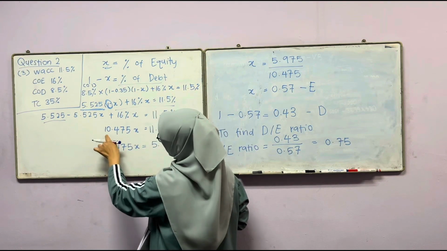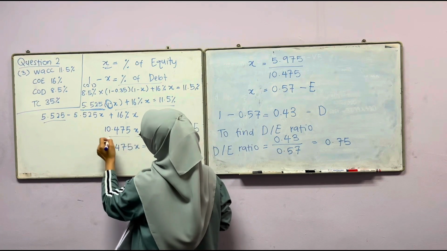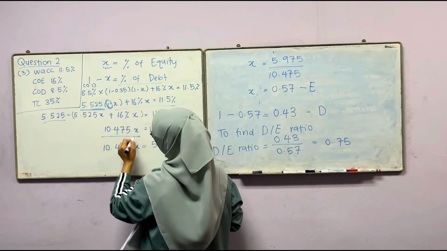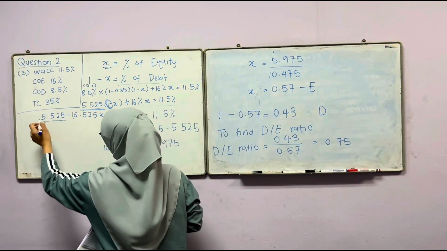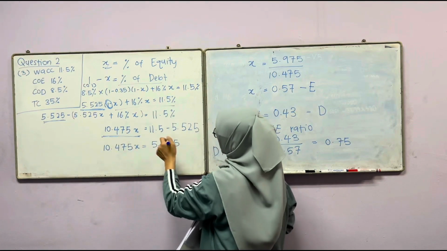Next we get 10.475X, from 16% X minus 5.525X. The other number, 5.525, is positive, so moving it to the other side it becomes negative.